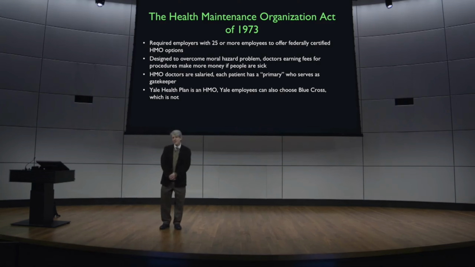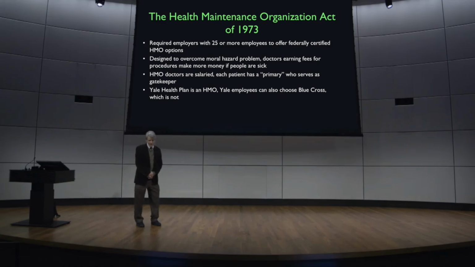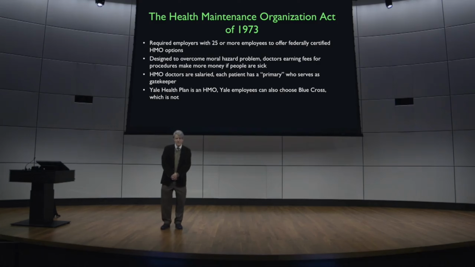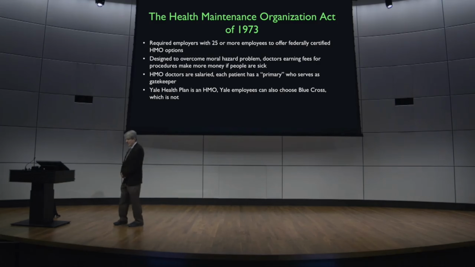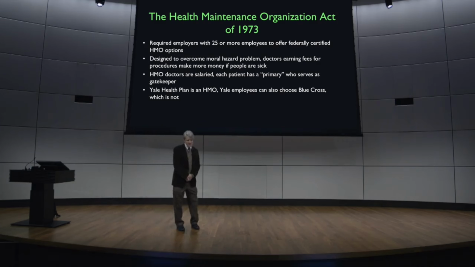So how do we do that? We have to create an organization like the Yale Health Plan that keeps you for a lifetime, let's say, that gives regular checkups to you and encourages you to come and talk to the doctor. The doctor has no incentive, because the doctor is paid a salary, to urge unnecessary surgery on you or the like.